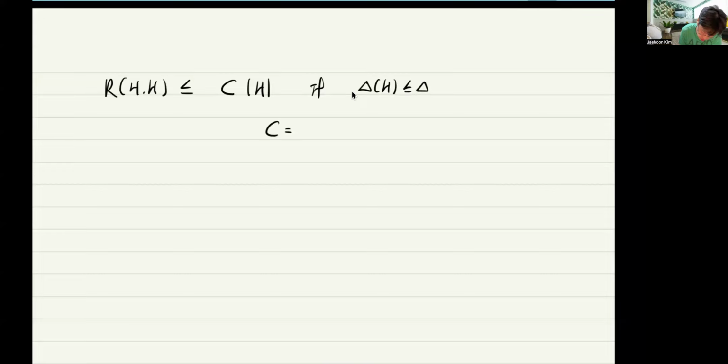And then of course this C is a function of this delta. However, in the proof we used the regularity lemma. So this is actually a power type function whose height is also a function of delta. So this is a huge number.